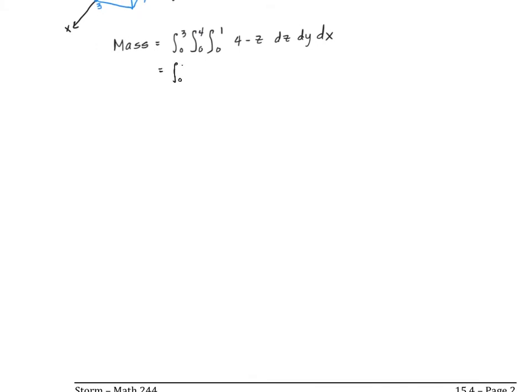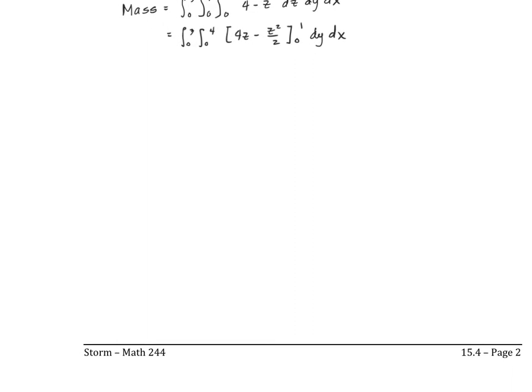Our inner integral with respect to z is going to be 4z minus z squared over 2, integrated from 0 to 1. So it's similar to that of a double integral. All you're doing is integrating inner to outer, and at each integration you're getting rid of a variable until you are just left with a number.